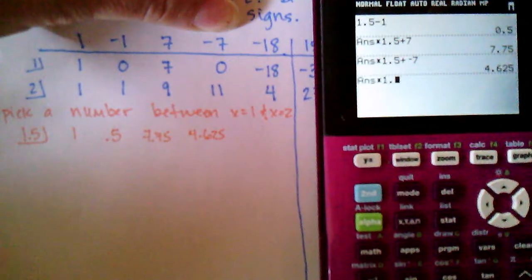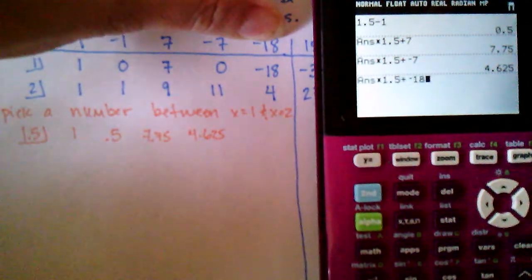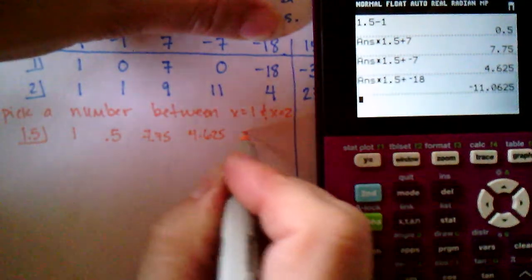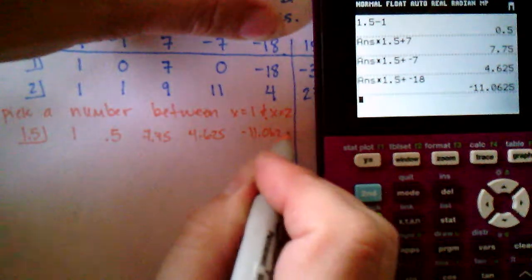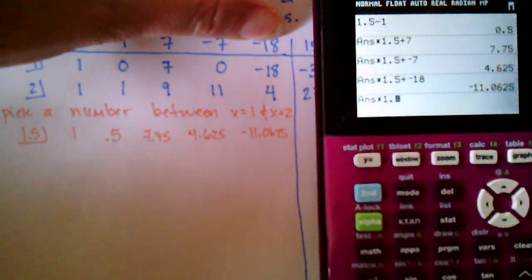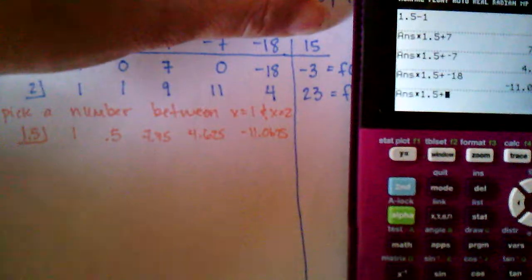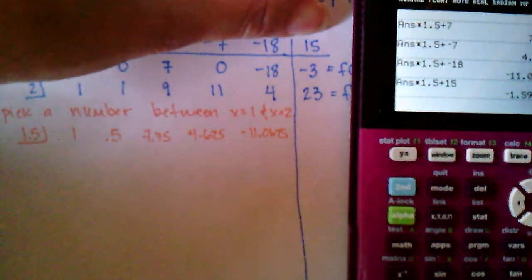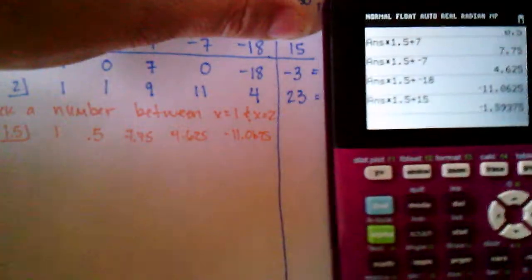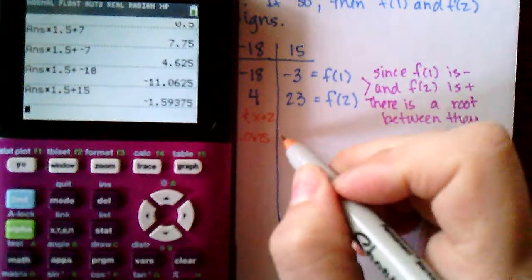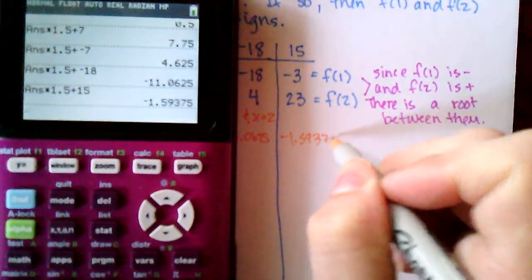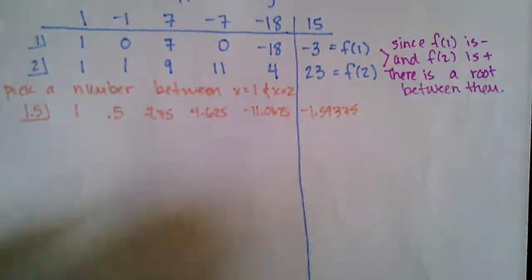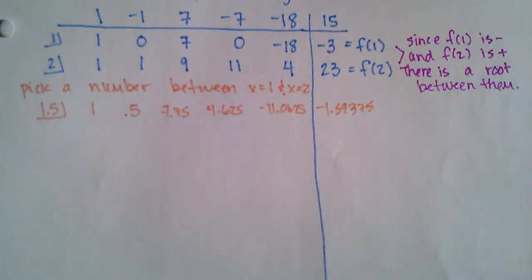And then times 1.5 plus negative 18 is negative 11.0625. Times 1.5 plus 15 is negative 1.59375.